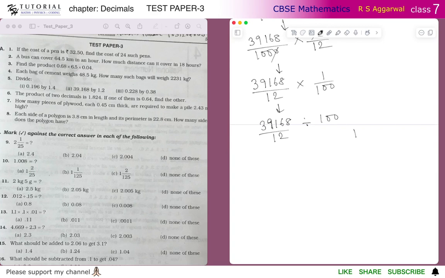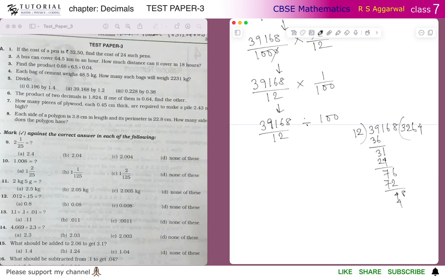So let me divide 39168. So this becomes 3264.